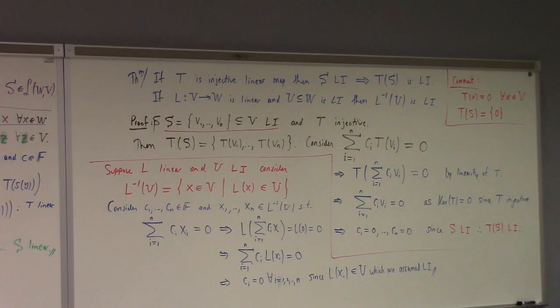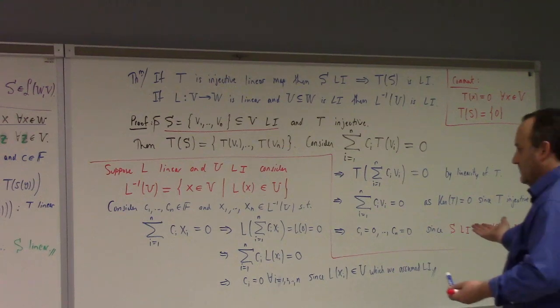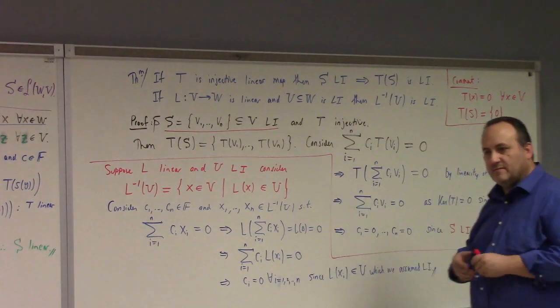Consequently, we have shown that an arbitrary linear combination of elements of the inverse image of U satisfies the needed condition to prove linear independence of the inverse image of U. And at no point did we need to use the kernel, nothing about the kernel here, right? It's funny.